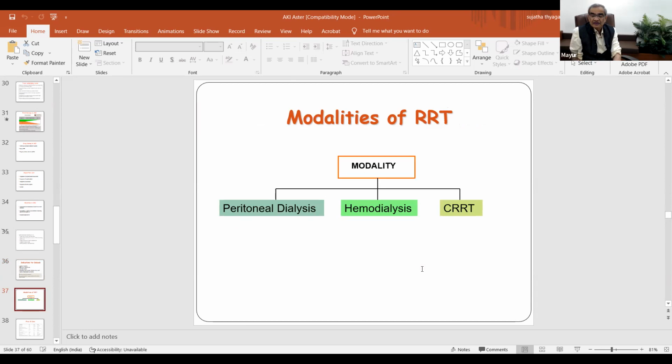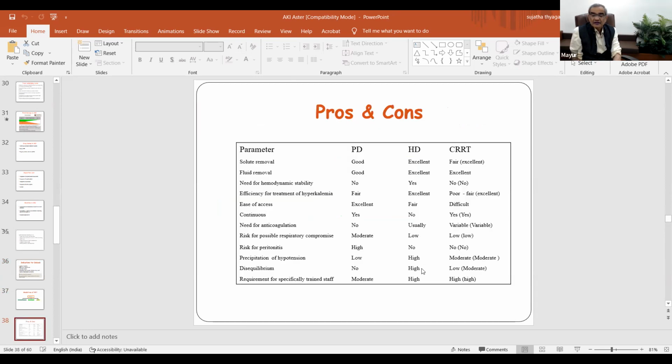You are aware of these various modalities of treatment and pros and cons of PD, HD, and CRRT. I have some examples later on to give you, which one is to be used when. But let us take one by one.